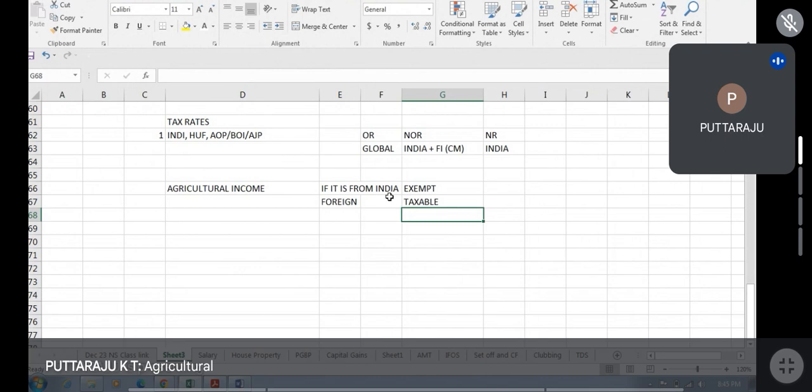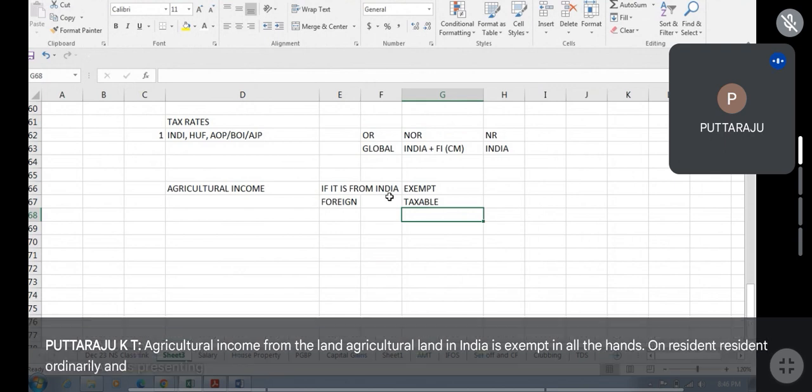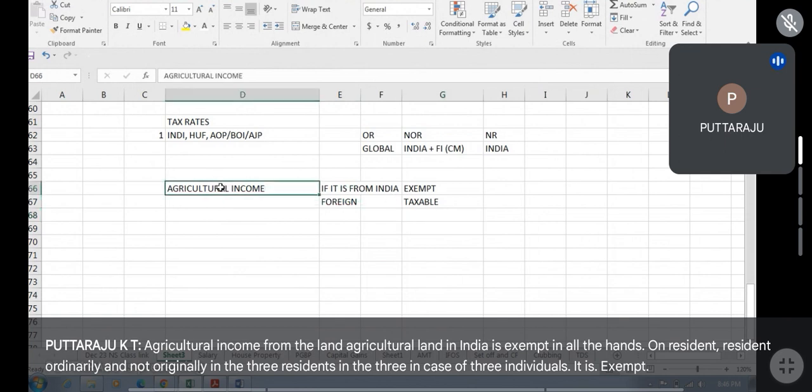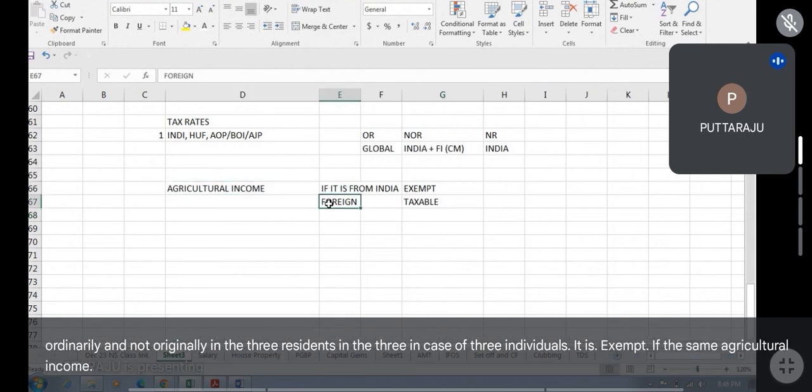Agricultural income from agricultural land in India is exempt in all the hands: non-resident, resident ordinarily, and resident not ordinarily. In the case of all three, it is exempt. If it is agricultural income from foreign agriculture, it is taxable.